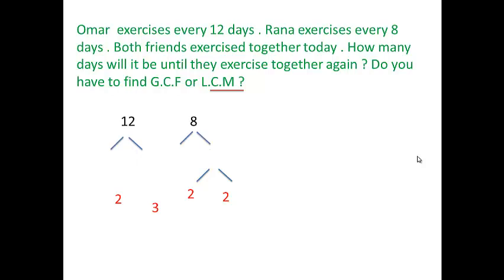We will write down 12 and 8 and think about 12. What numbers multiplied by each other give you 12? We have 2 by 6 and 3 by 4, whatever, write any one of them. 2 by 6. 2 is a prime, okay, keep it. 6 is not a prime, so we will break it into two numbers multiplied by each other, 2 by 3.